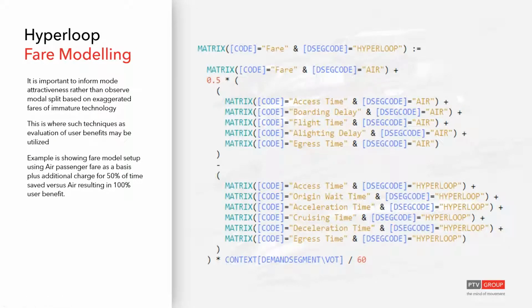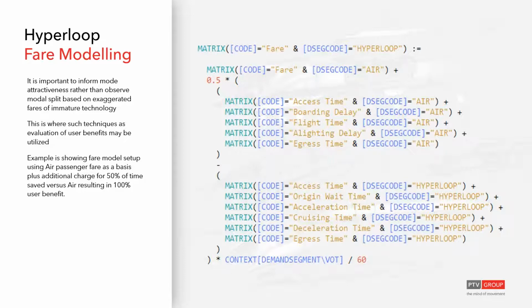And lastly, I'd like to mention the way in this particular example it is possible to come up with the elastic model for Hyperloop given the absence of SP data, for example, stated preference, which is not possible to, let's say, transfer to this particular mode.